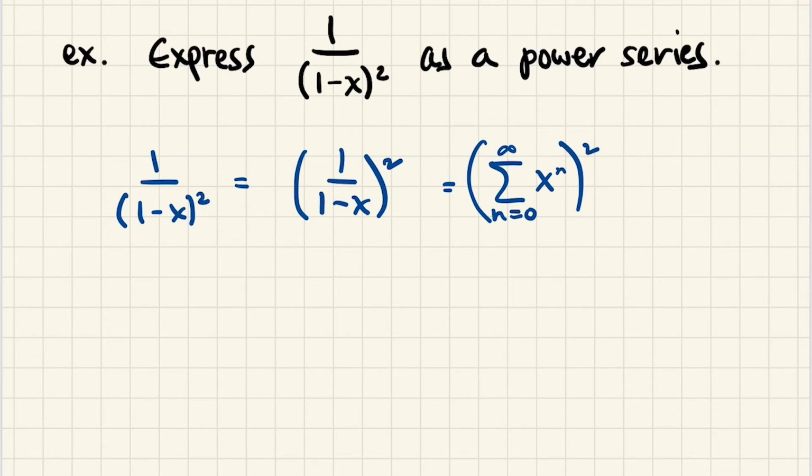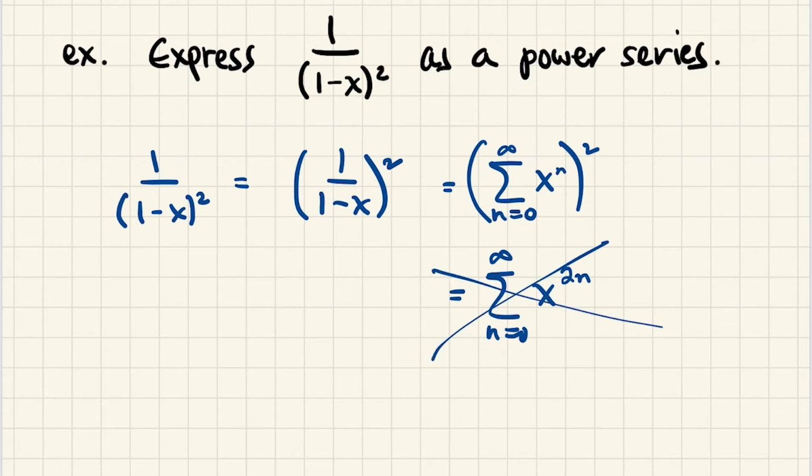Now, nothing's wrong with what we've written. However, this is not the form of a power series that we want. And it's certainly incorrect to distribute this as x to the 2n, which is a very common mistake, but that's not even mathematically correct.